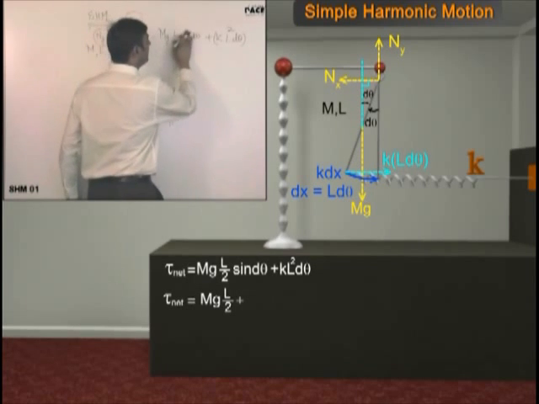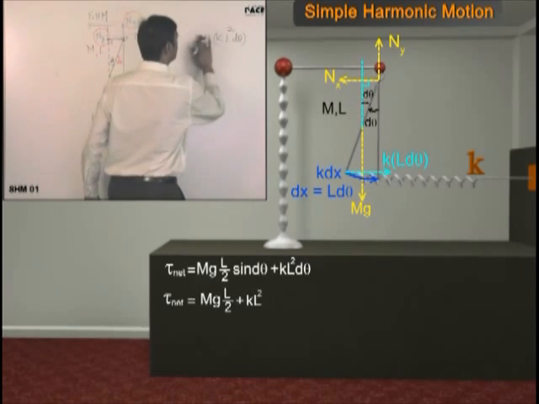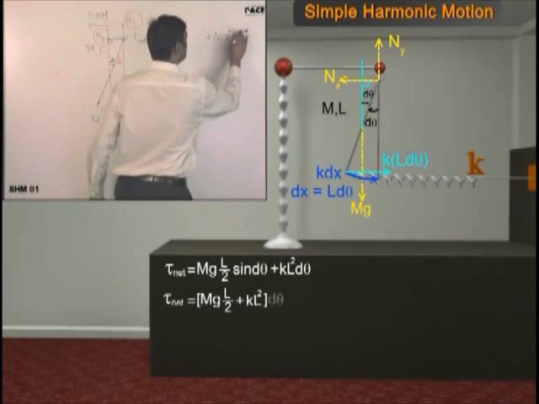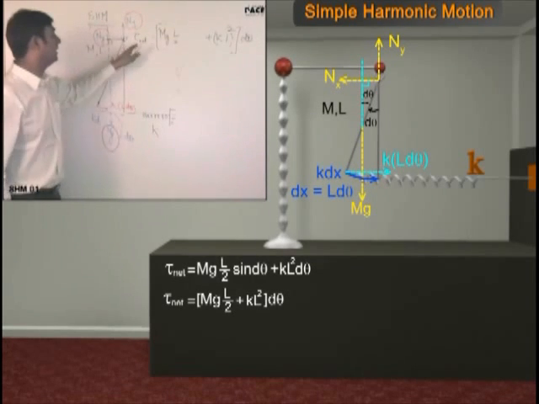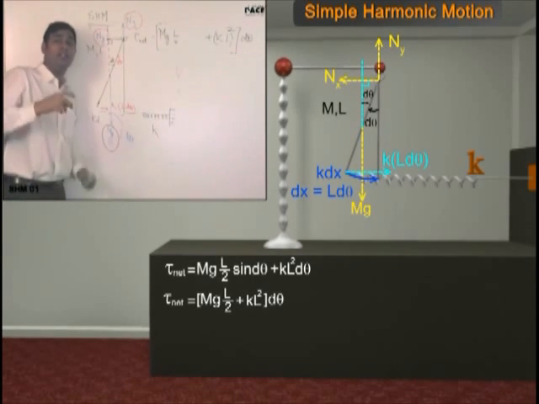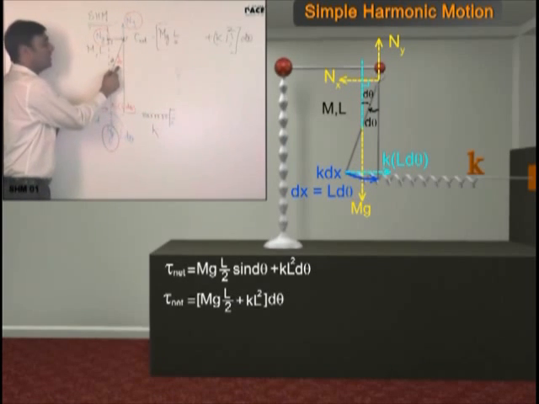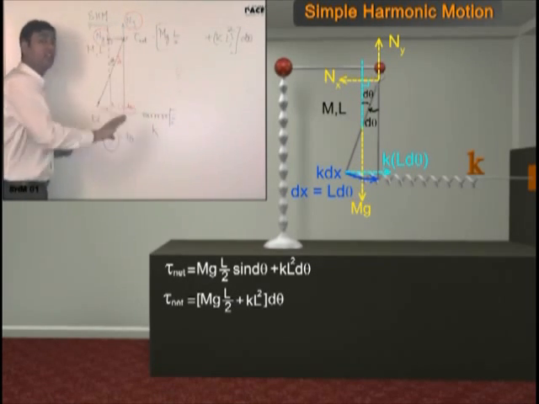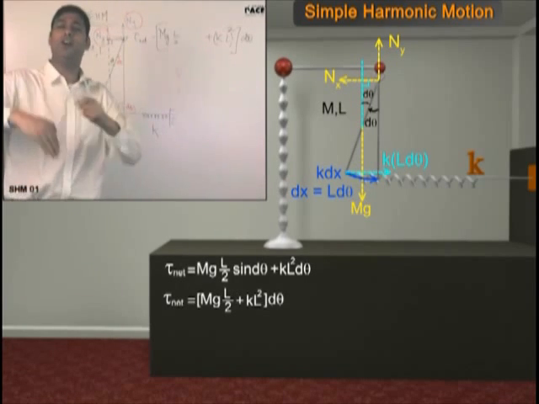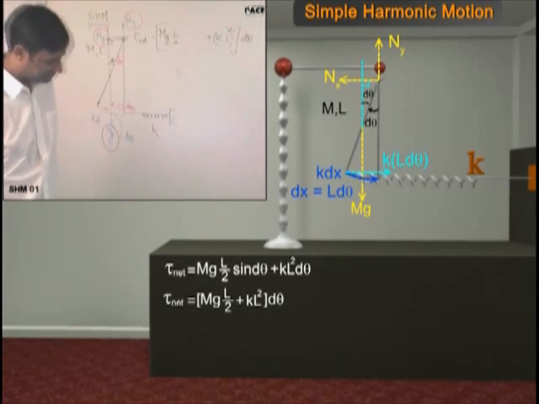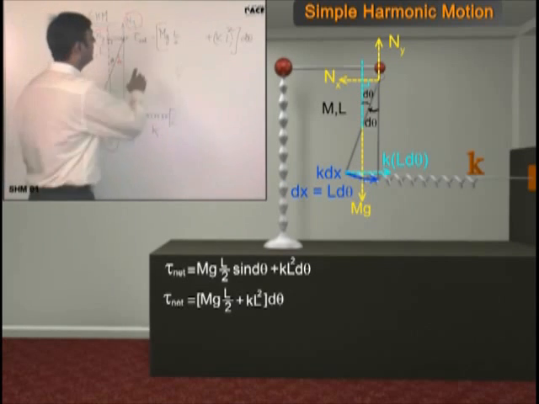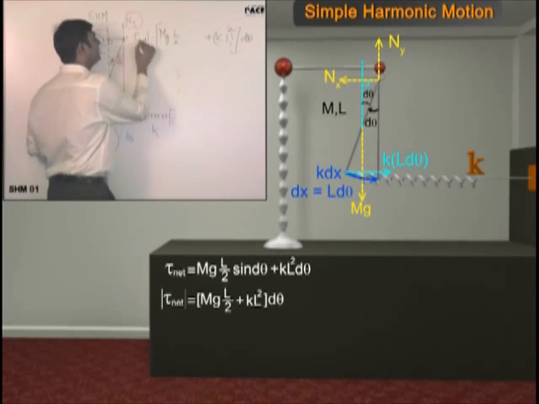Now tell me, can I write sin d theta as d theta? Can I take it common? Now tell me, the angular displacement that I gave was clockwise, d theta, as shown here, clockwise. And the net torque is anti-clockwise. So is the torque restoring in nature? Yes, sir. Is it linearly proportional to displacement?